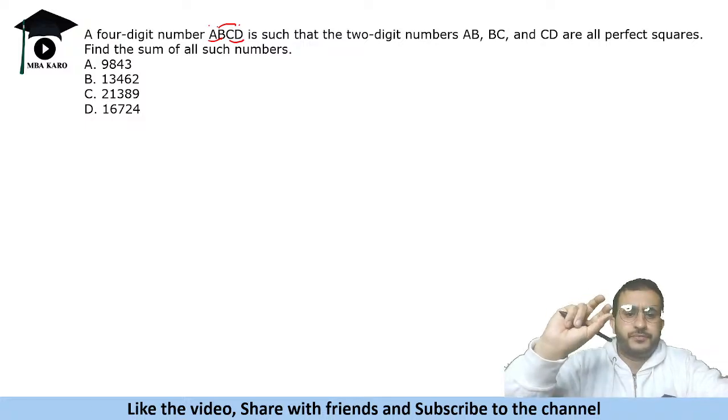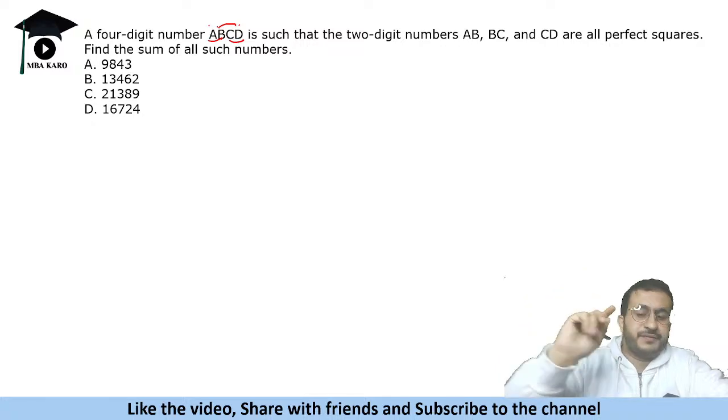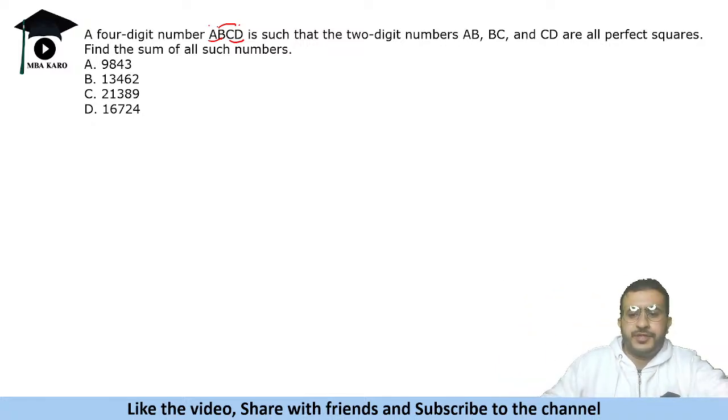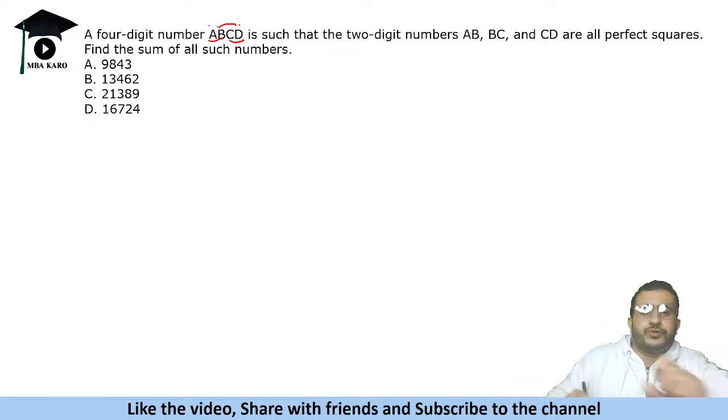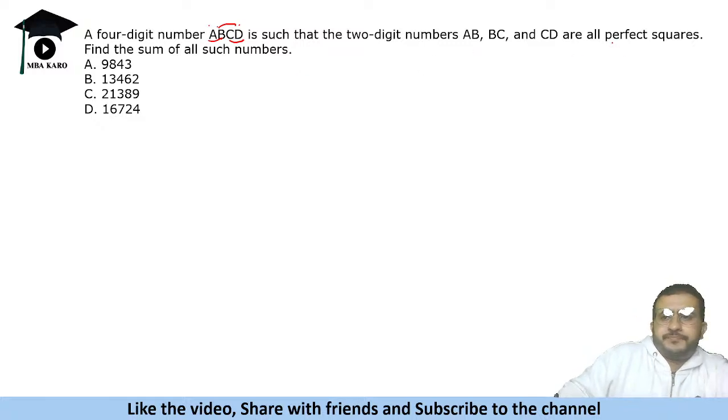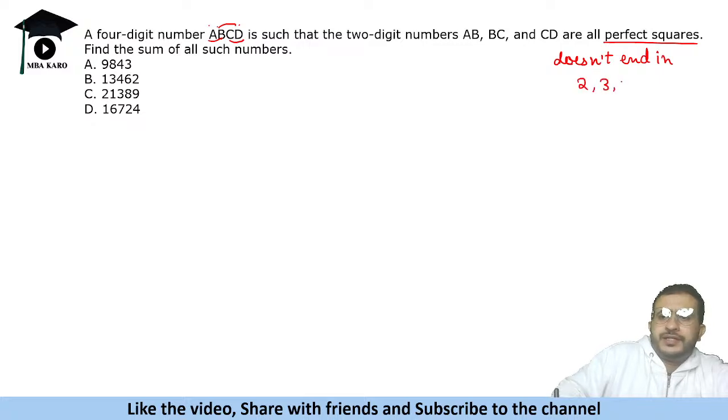Before you start solving, I will give you some information. A perfect square doesn't end in 2, 3, 7, 8. It does not end in an odd number of zeros.